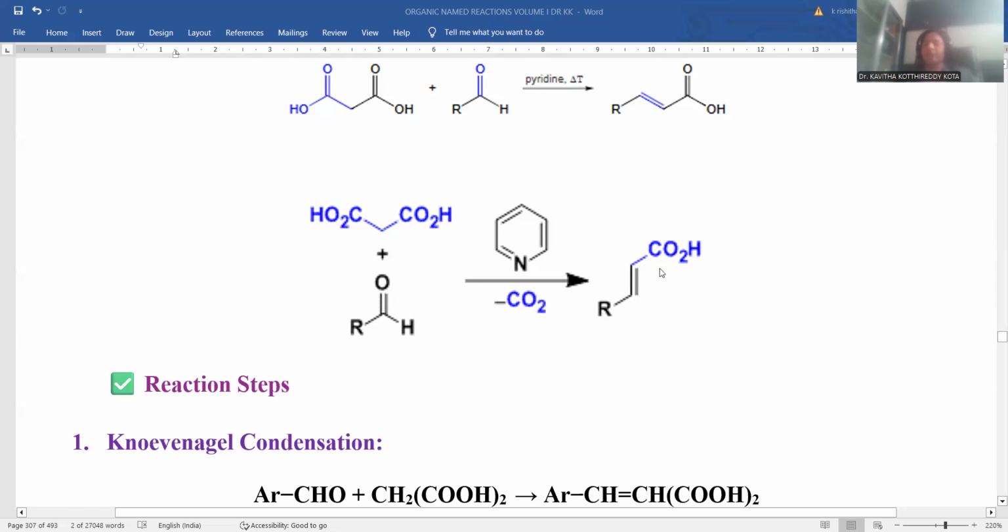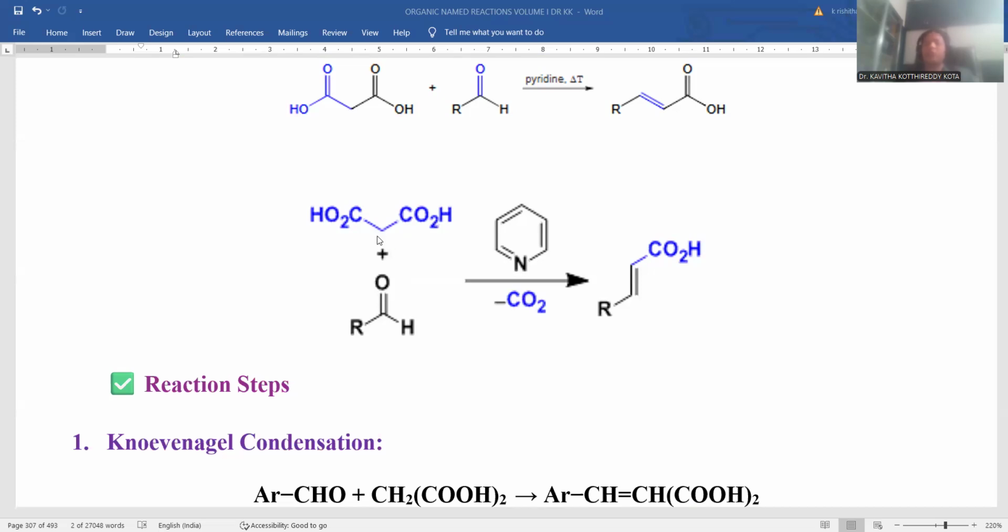Here is the reaction summarized. You clearly understand how the reaction takes place. Aldehyde is treated with dicarboxylic acid, simply malonic acid. This carbon atom is the active methylene, right? In between two electron withdrawing functionalities, whichever carbon is the active methylene has more acidic protons.